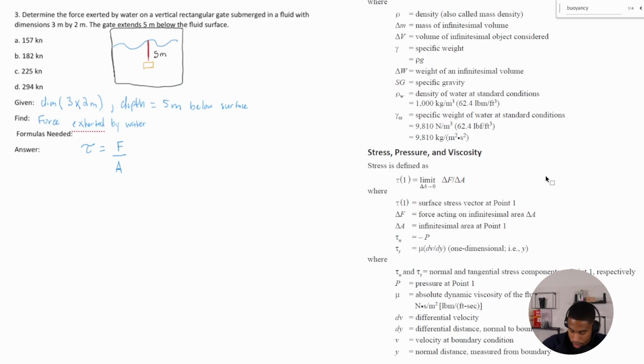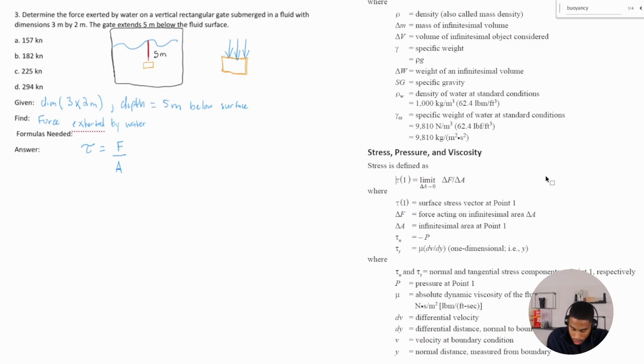And the water, if we look at this in a different form, basically the water is pressing down on this rectangular gate, right? And we're just trying to find that force that's being exerted on there.